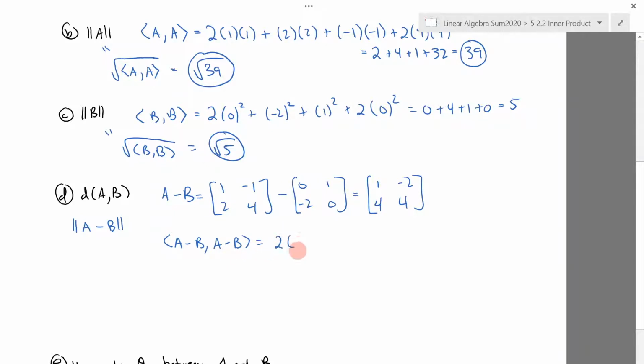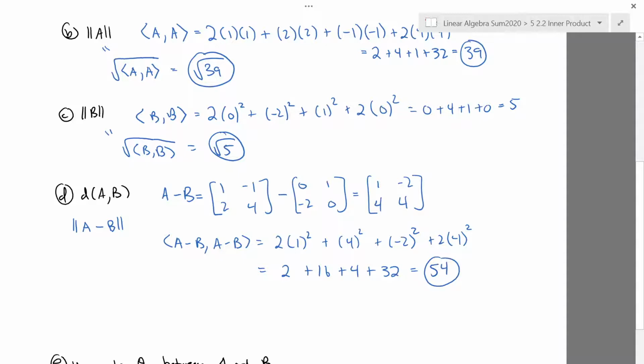So 2 times this entry squared plus this entry squared plus this entry squared plus 2 times this entry squared. So this is 2 plus 16 plus 4 plus 32, which gives us, so this is 48, this is 50, 54.